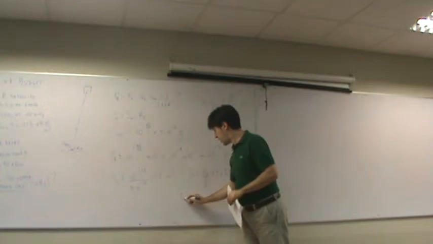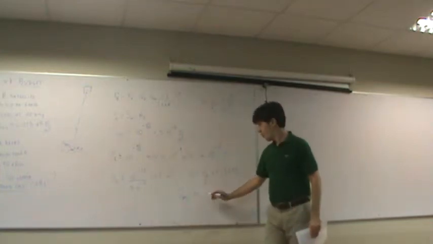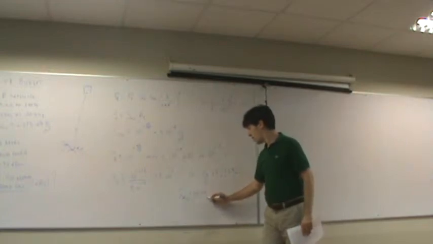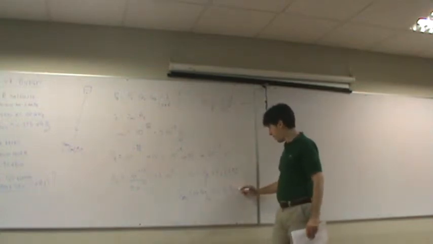The gain in dBi will be 10 logarithm base 10 of G.